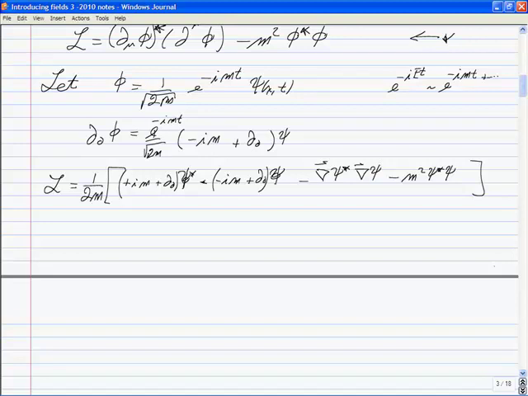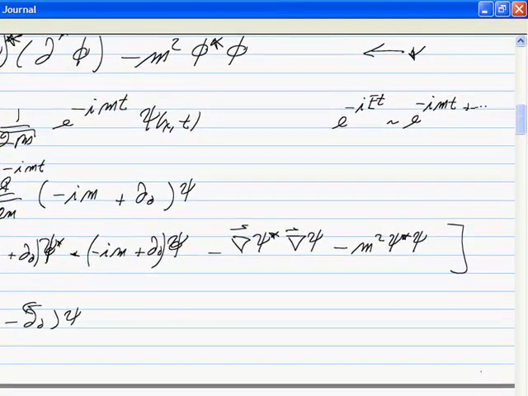So let's just write out everything so far with no approximation. So this is just a rescripting. It's i over 2. I get psi star d0 minus d0 acting backwards psi, those are the first time derivatives.